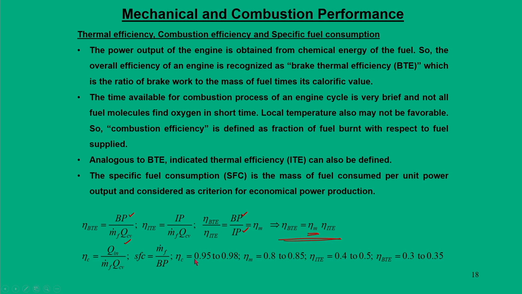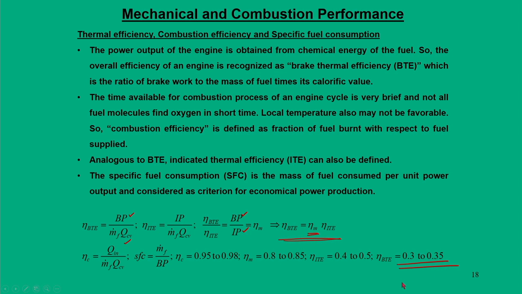Just to give some numbers, for an engine the fuel should have a combustion efficiency between 95 to 98%, and typically mechanical efficiency falls in the range of 0.8 to 0.85, or 80 to 85%. Indicated thermal efficiency is typically 0.4 to 0.5, or 40 to 50%, and the end result we get, the brake thermal efficiency of an IC engine, is in the range of 0.3 to 0.35.